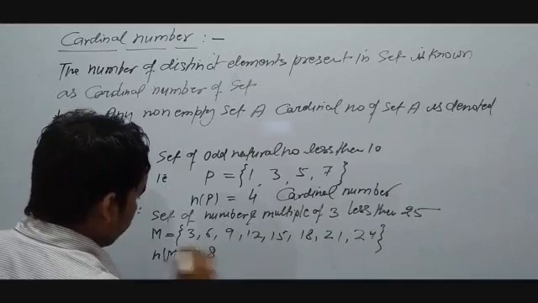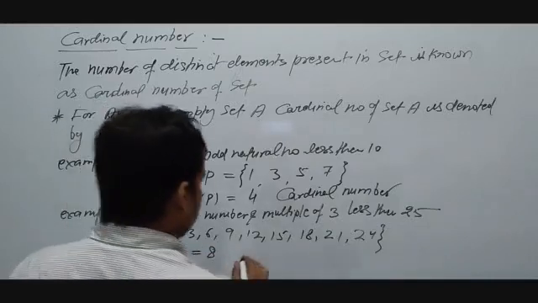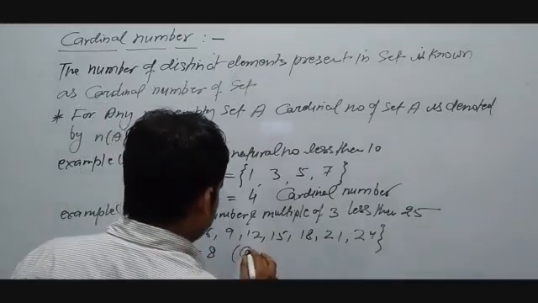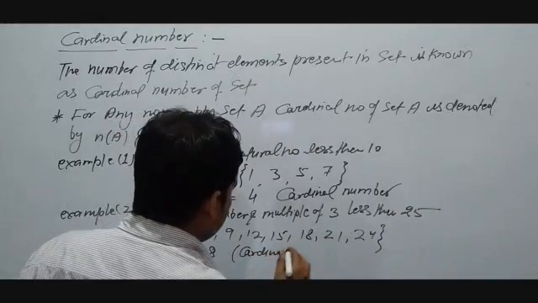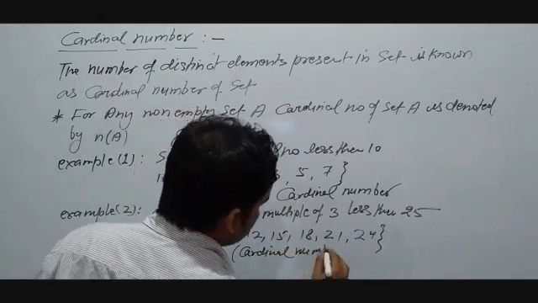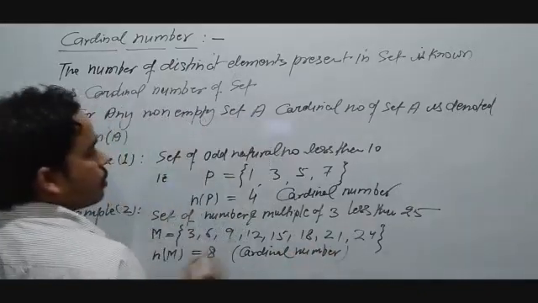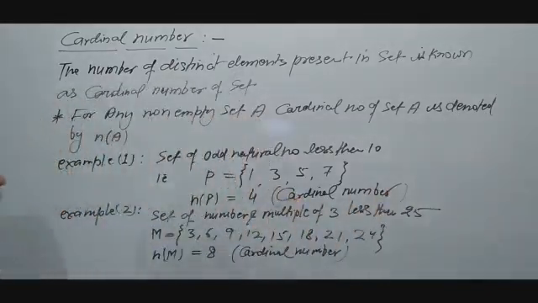So the cardinal number will be equal to 8. Now write in brackets, this is the cardinal number. This is also a cardinal number. Now cardinal number is completed.